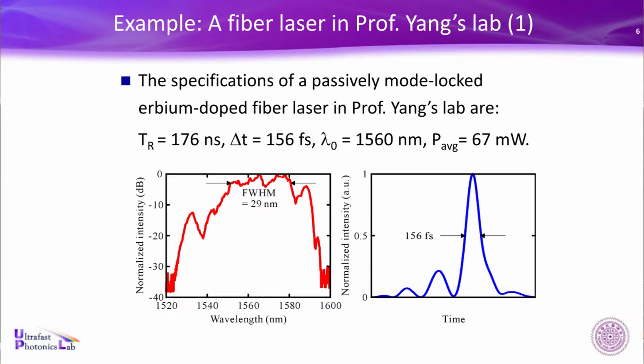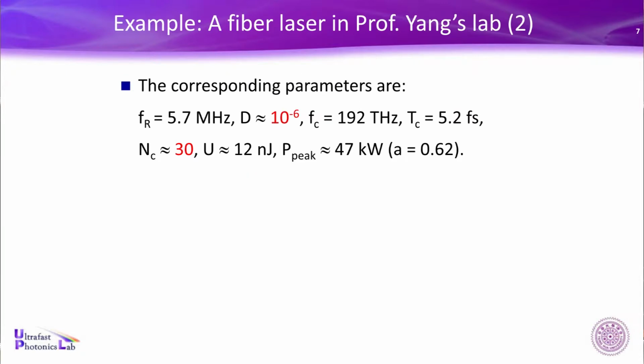Do you know how to get this number? It's very easy. Your laser pulse shines on a photodiode and you connect the electric signal to an oscilloscope. You can see a periodic electric signal. You can count the peak-to-peak spacing. You got this number. Very easy.